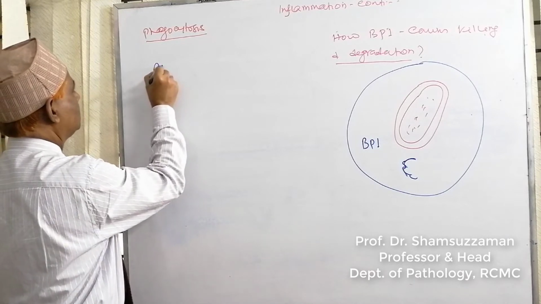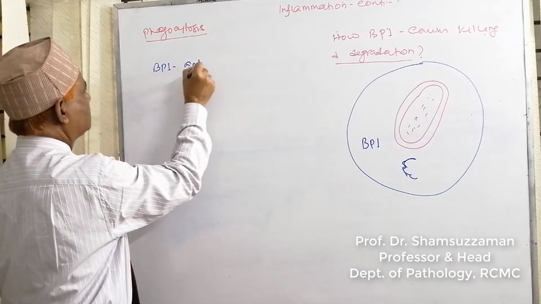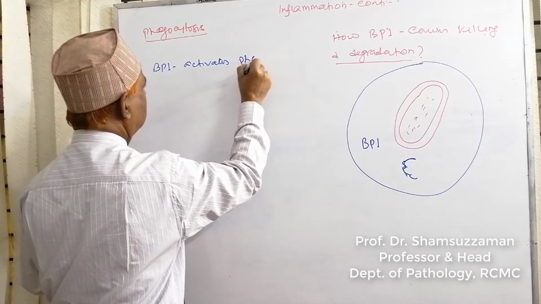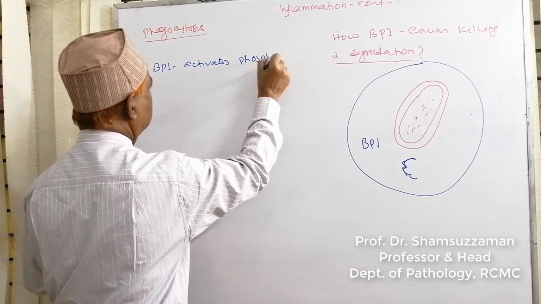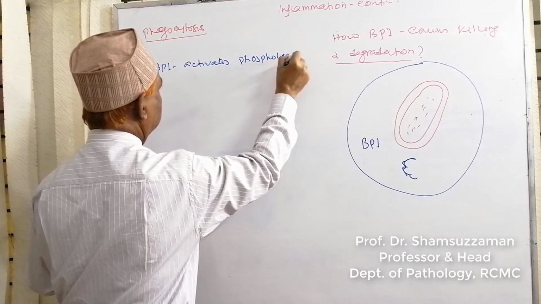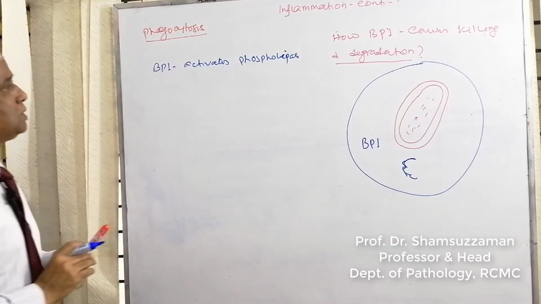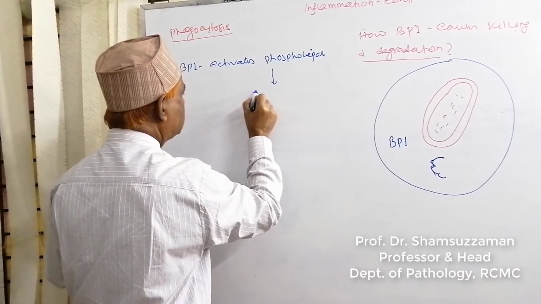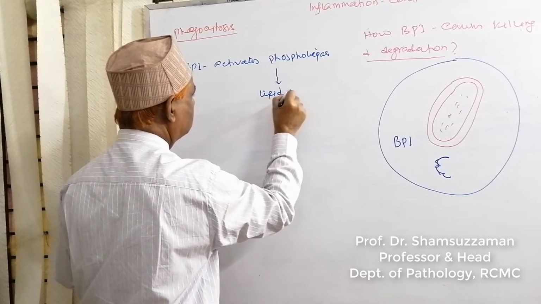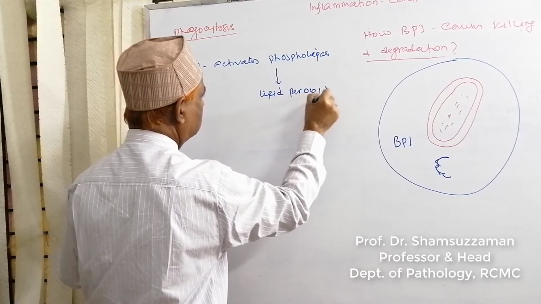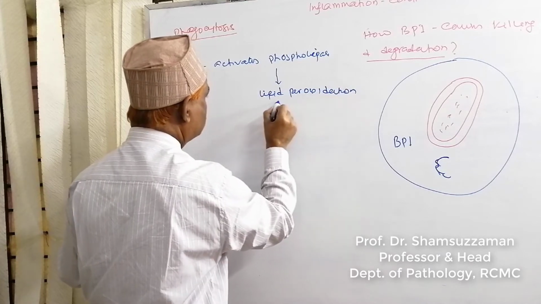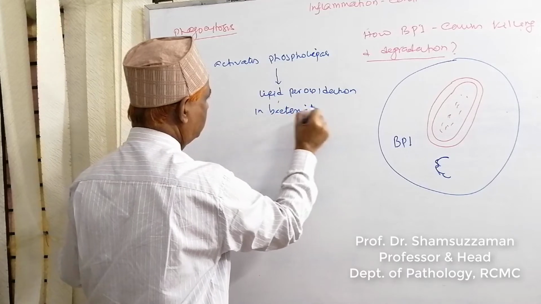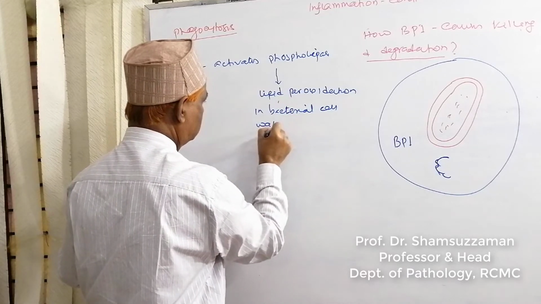This BPI protein, what does it do to kill the bacteria? BPI activates phospholipase. So there is lipid peroxidation in the bacterial cell wall.